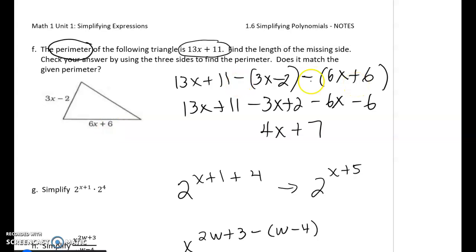But when we subtract these two sides, because the sides are given as polynomials, we need to apply that rule of adding the opposite. Here I added the opposite, and combining like terms, I get 4x plus 7.